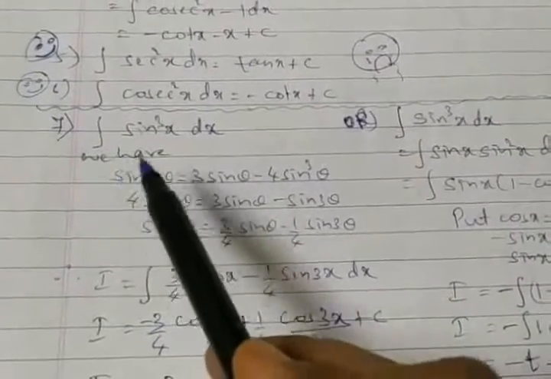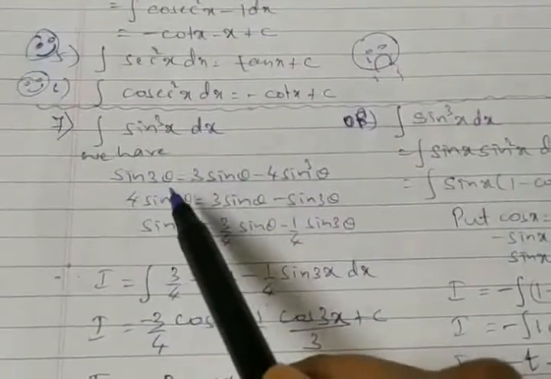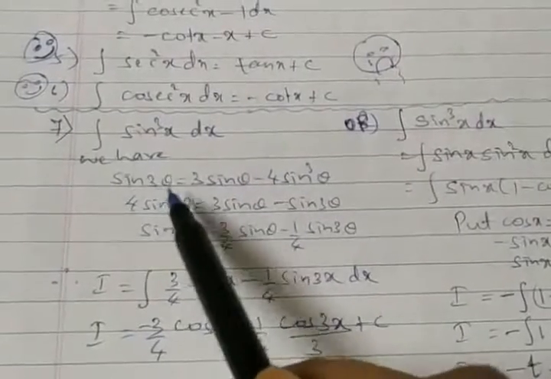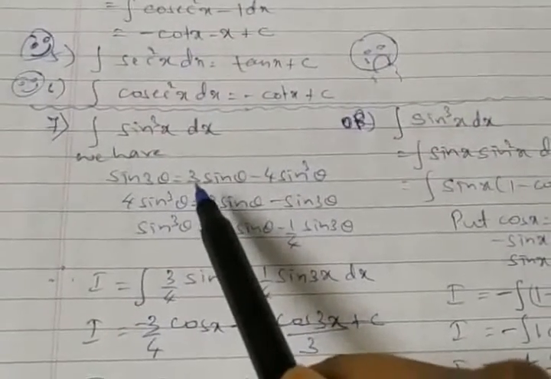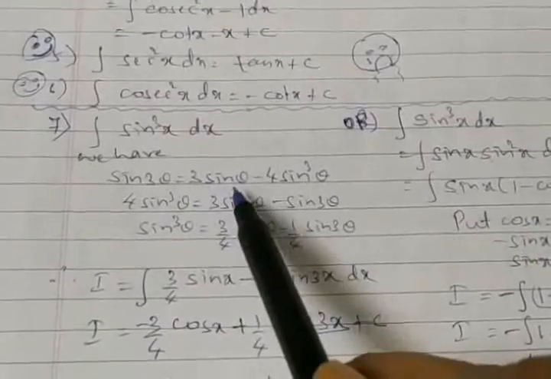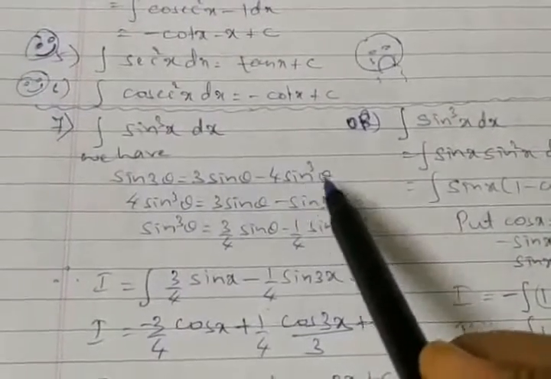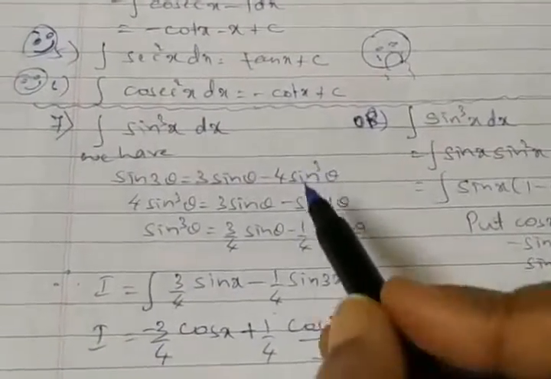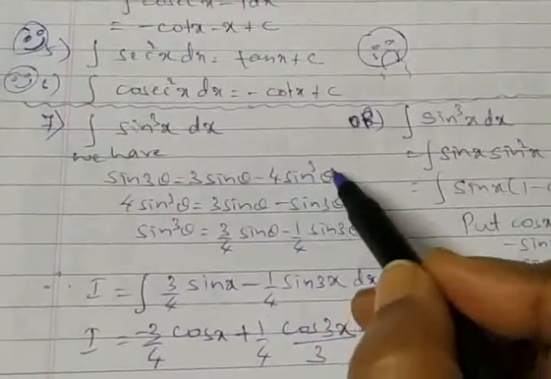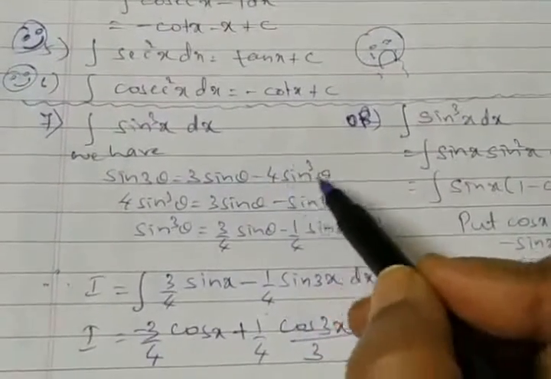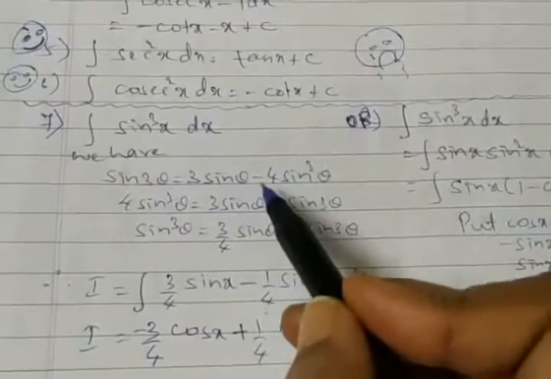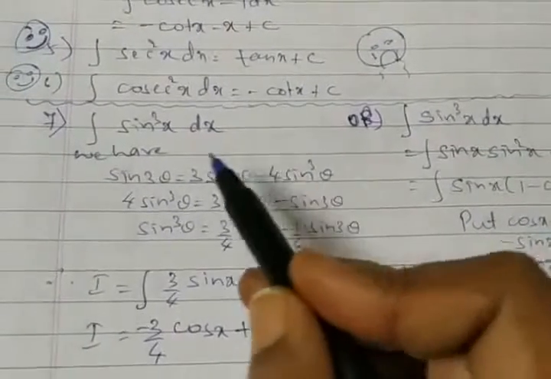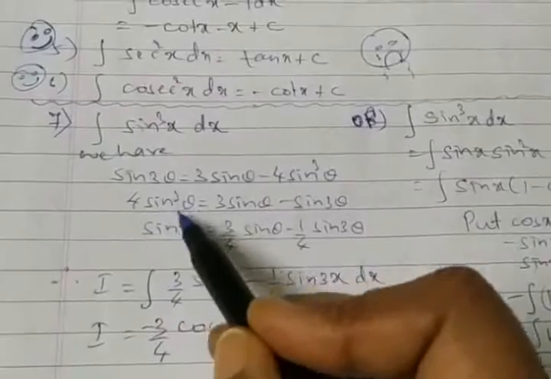I hope you remember one more formula we had discussed, that is the sine 3 theta formula. Sine 3 theta is equal to what? Recollect. It is 3 sine theta minus 4 sine cube theta. So in this result, sine cube theta is our required term, and with respect to sine cube theta, I would like to balance. So minus 4 we have, I transfer it here, which makes plus 4 sine cube theta.